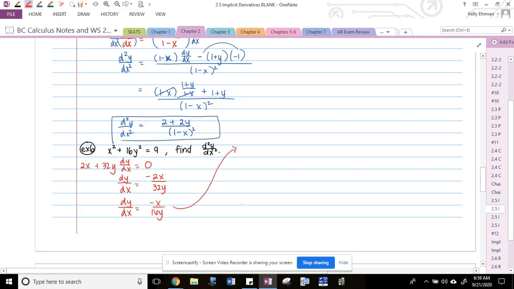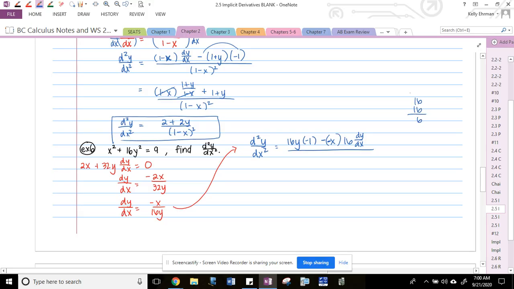I have to do quotient rule to take the second derivative. Second derivative of y with respect to x. It's quotient rule again. So low d high minus high d low, minus negative x d low, over low.